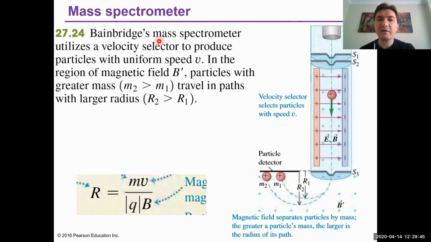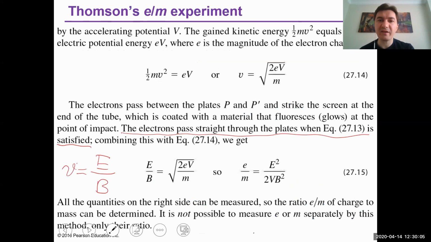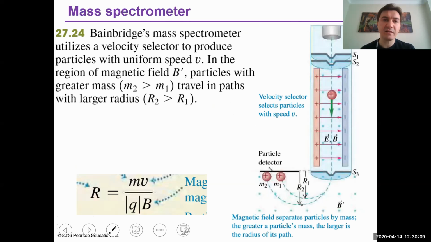Here we see a mass spectrometer used by Bainbridge, a scientist. So this is the design of the mass spectrometer. It uses a velocity selector to produce particles with uniform speed v, like the one we have explained here, but the mechanism is a little bit different. I will go into detail.